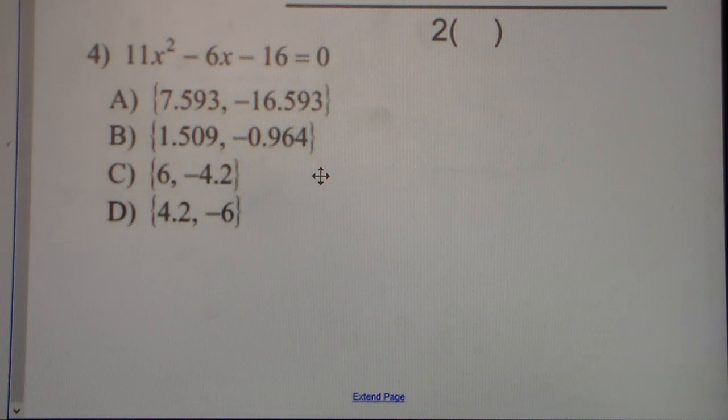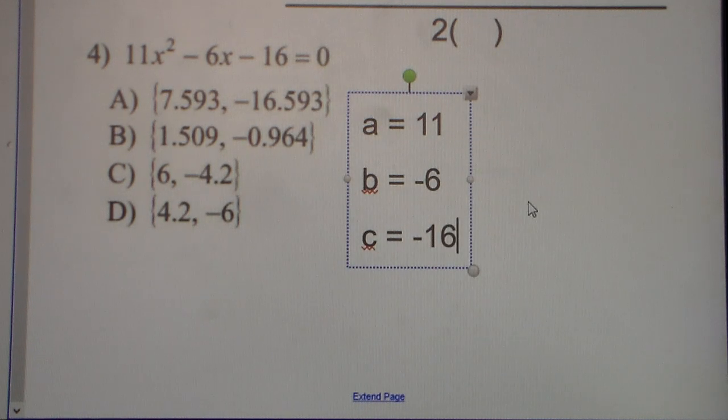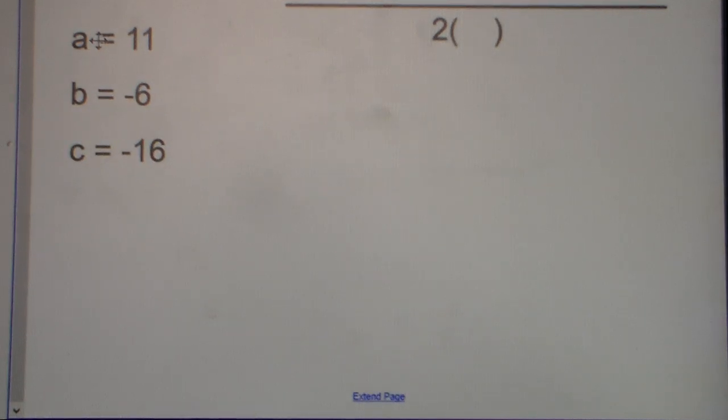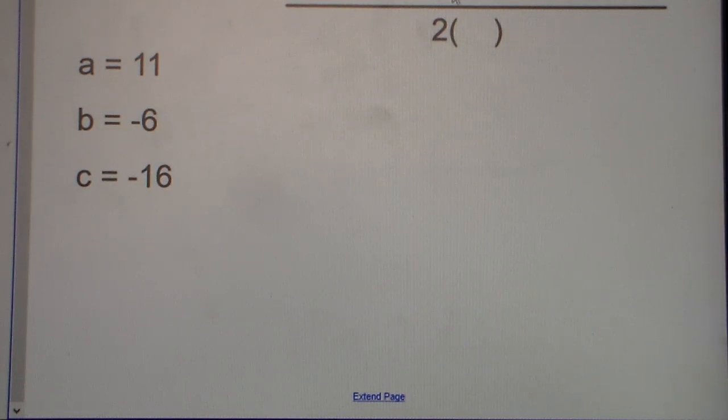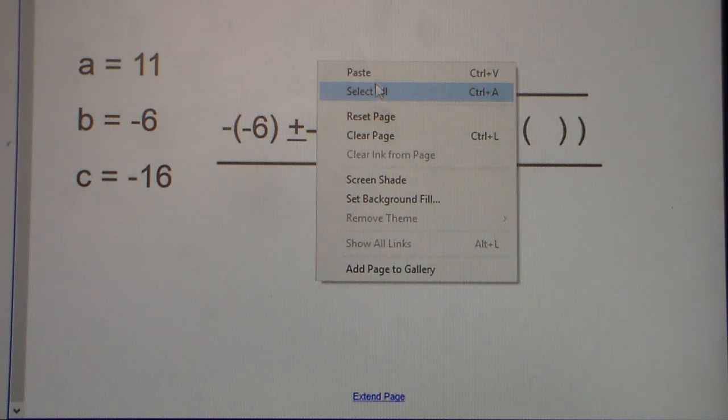Number 4, we have 11x squared minus 6x minus 16. So A equals 11, B equals negative 6, and C equals negative 16. We plug that into our quadratic formula. It's minus B, so our negative 6 goes in there.